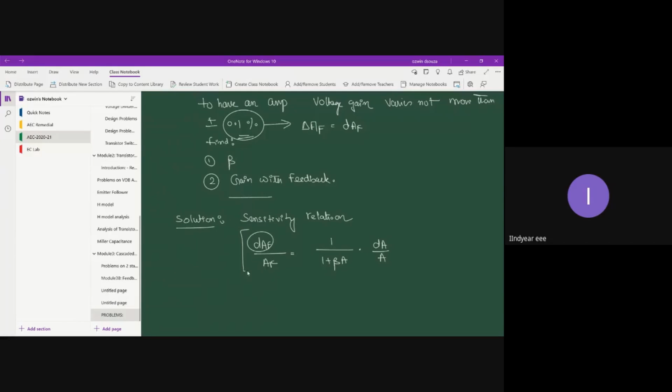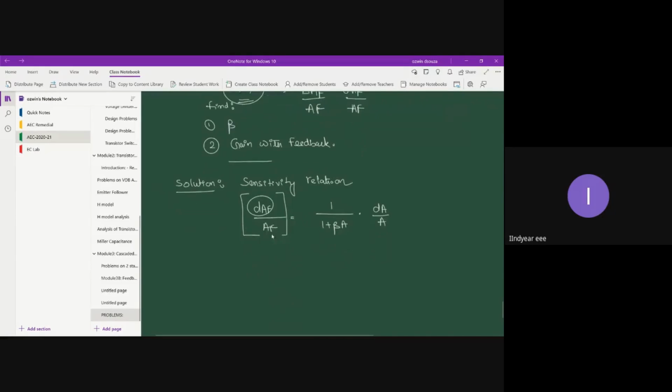Okay, so put together, you can say that the variation means you need to have some sort of ratio coming into picture. So this can be taken as DAF divided by AF, and the whole thing we can take as 0.1 percent.